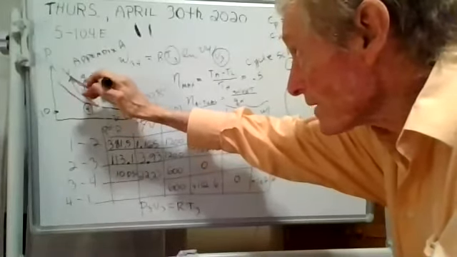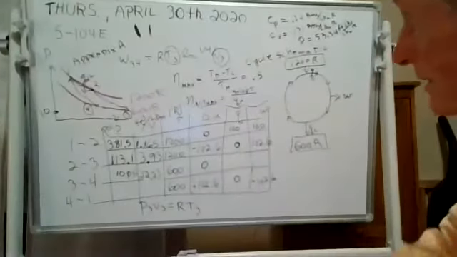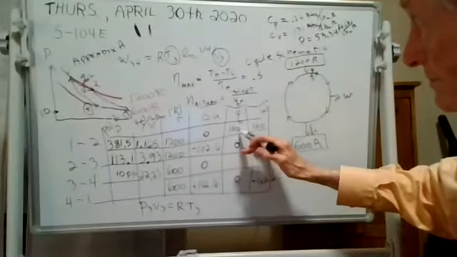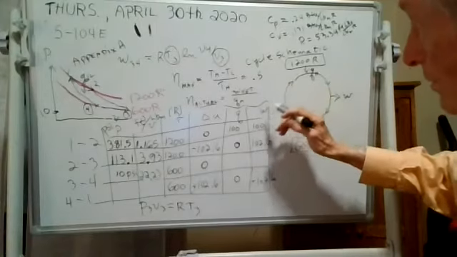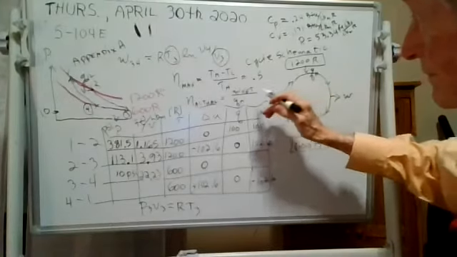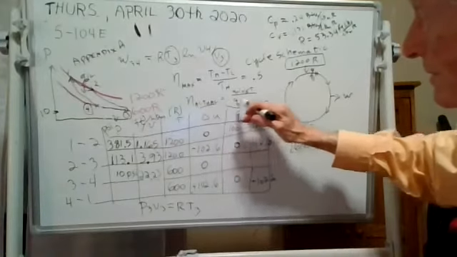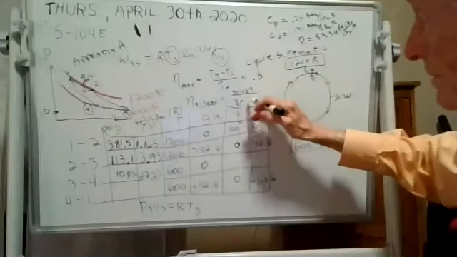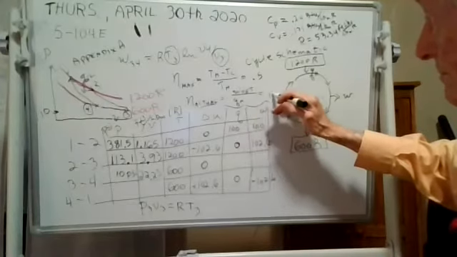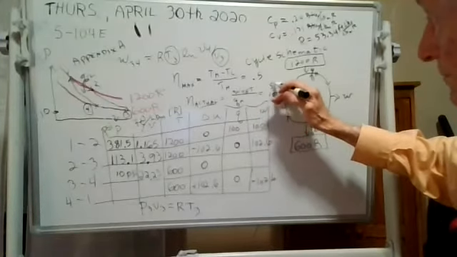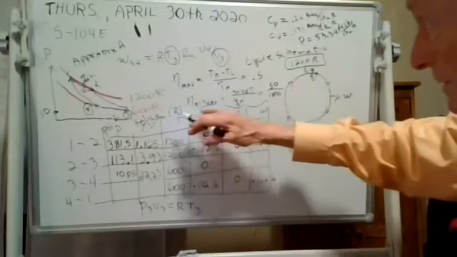You have to pay for that Q1 too. It's 100. So the net work, if this is 100, the net work has to be 50 to give you a 0.5.